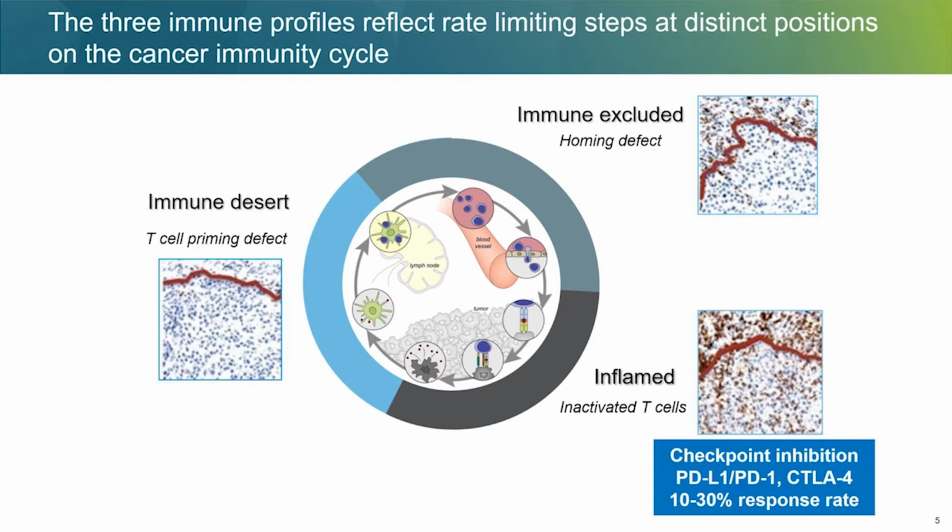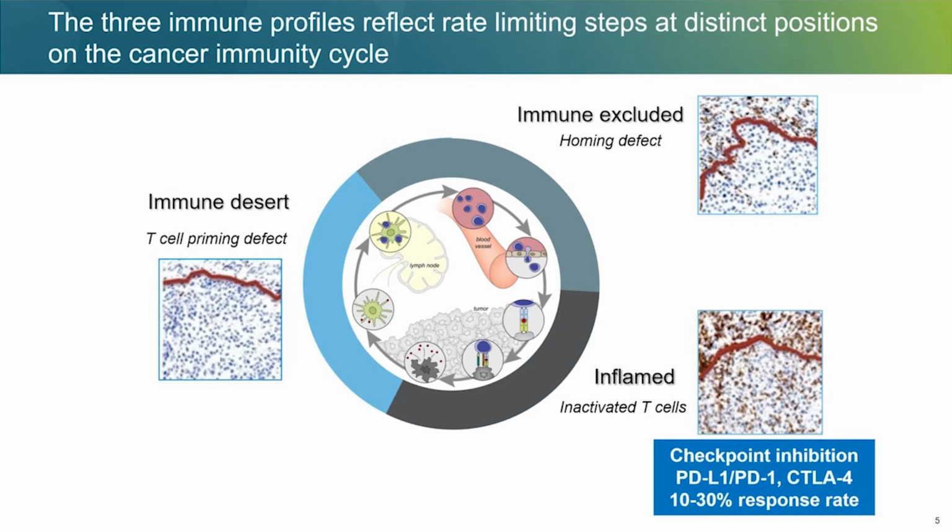And there are now antibodies that can be used to block this checkpoint and release the T cell function, allowing the T cells to kill the tumor cells. This is very effective in many cases.